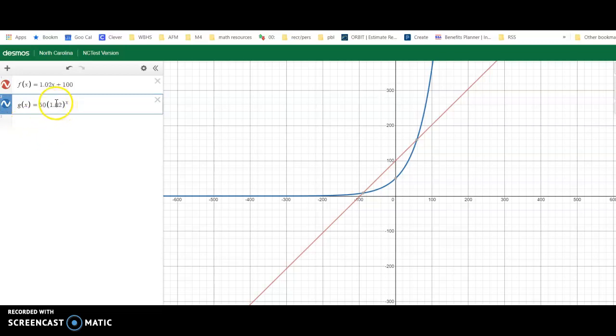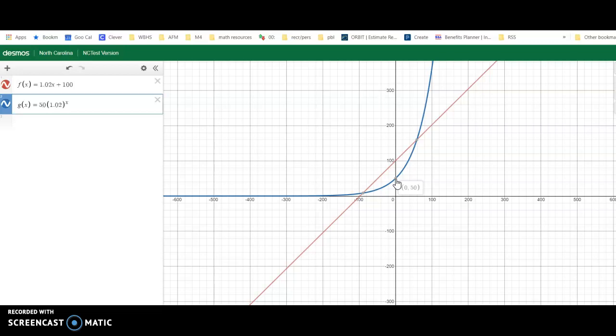Remember, your ratio for your exponential growth is 1.02. It is a 2% increase or 2% rate. I know that this is growth because it is 1.02. It is greater than 1. And I know the initial value is 50. Now, if you look here, you can see at x equals 0, it is 50. So none of this is a surprise.